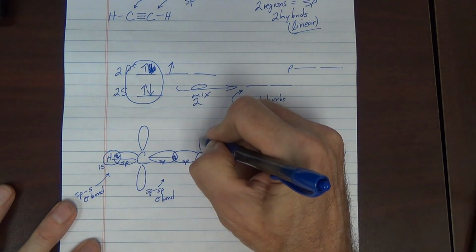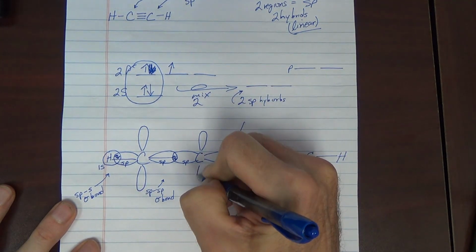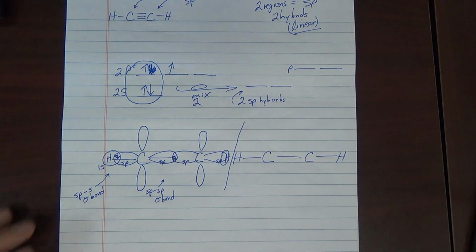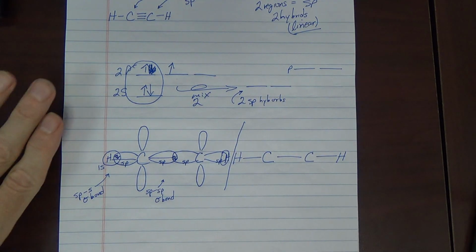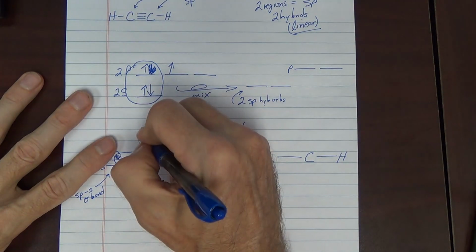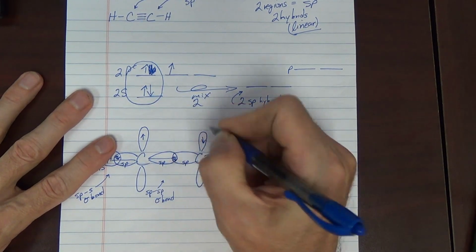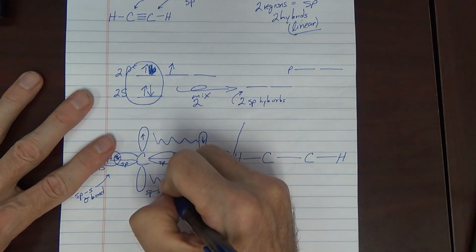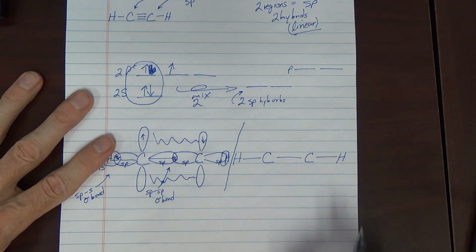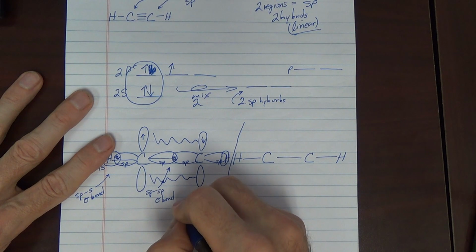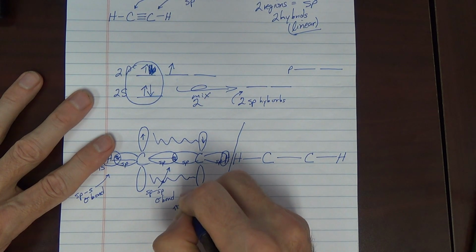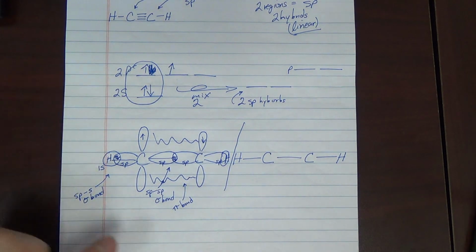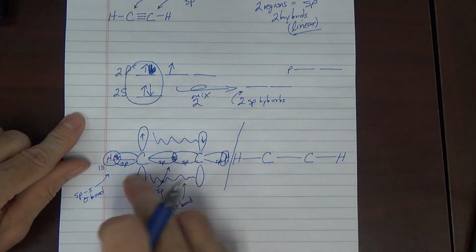The other carbon's the exact same, so we're just duplicating that. And one electron, and these are interacting side to side. Pi bond, of course any pi bond is going to be pp overlap.